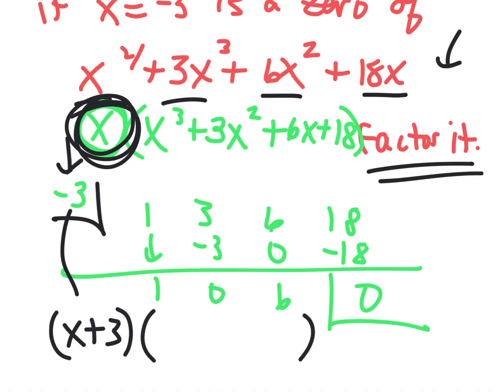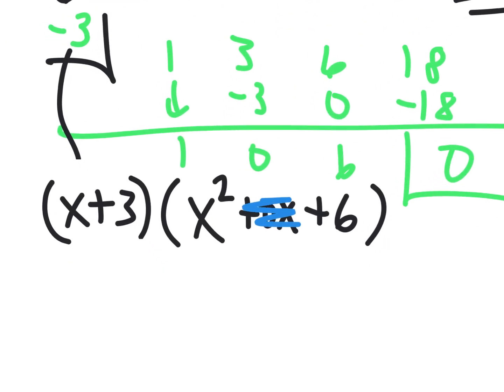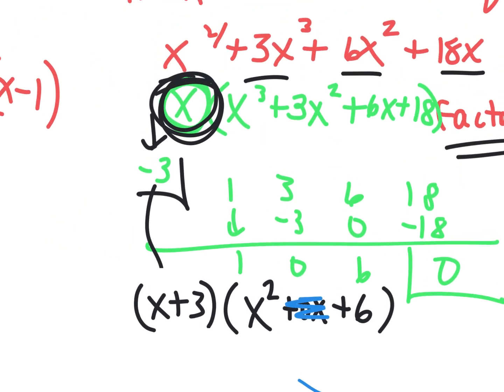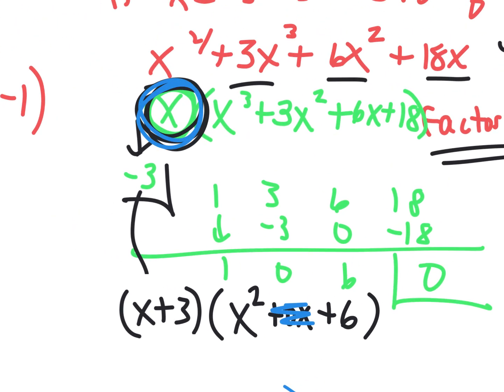That happened to tons of kids on the first try on this test. Do you have to put plus 0x? No, you don't. Okay. But if you left that as your final answer, you're wrong. And that's why we had to get the x factored out at the beginning. That guy has to come down here.